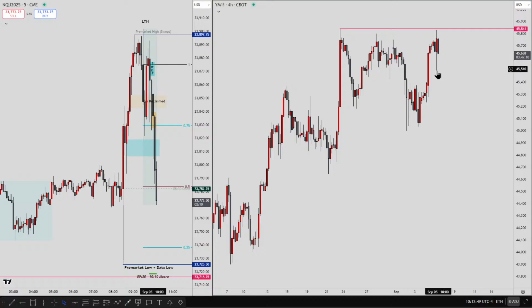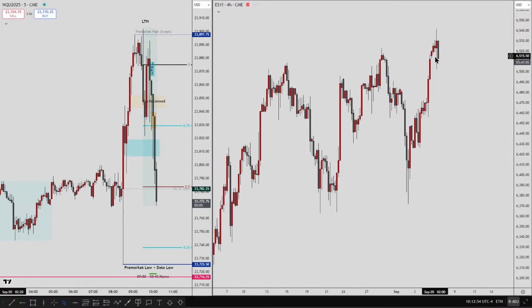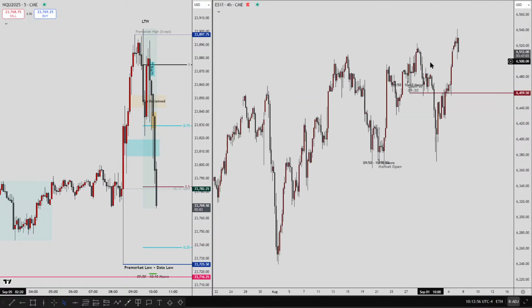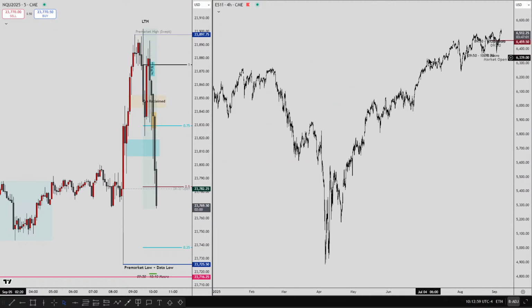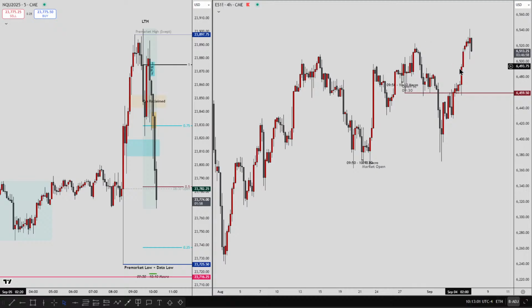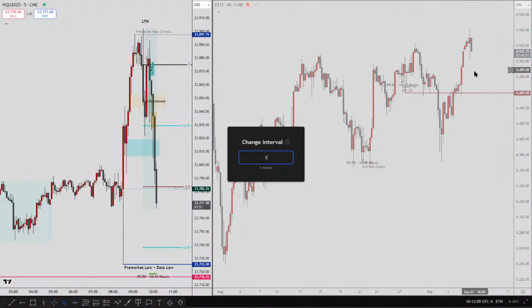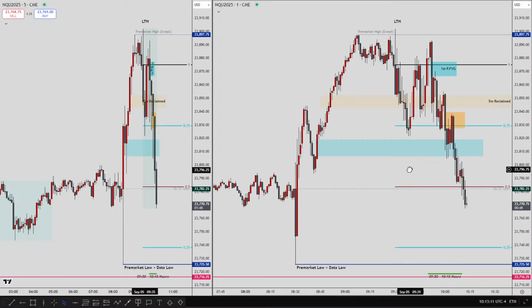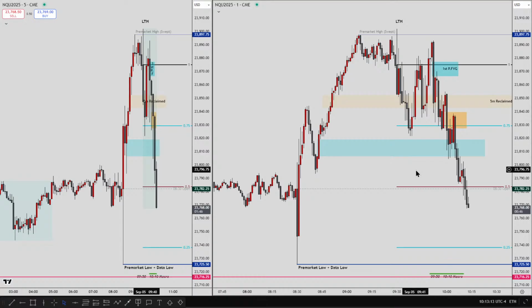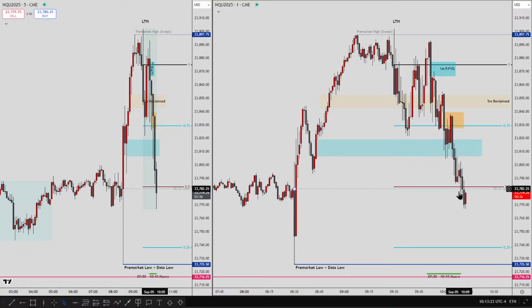That wick should be support for YM. Just a slow grind lower.